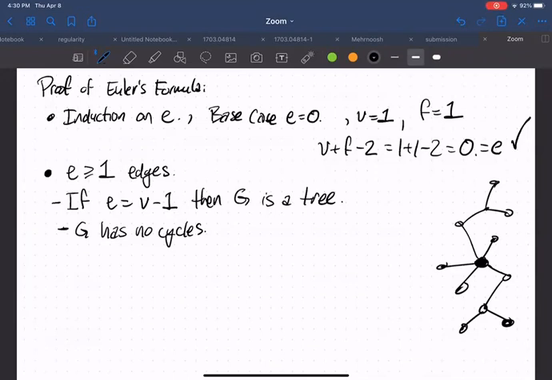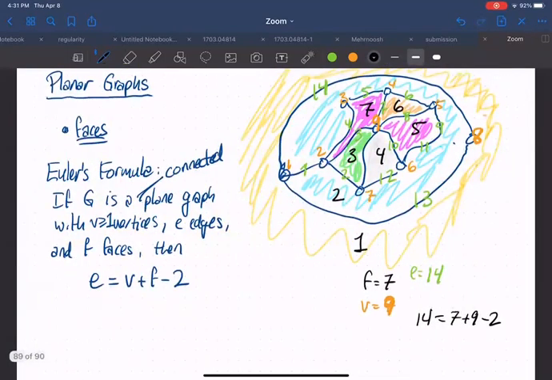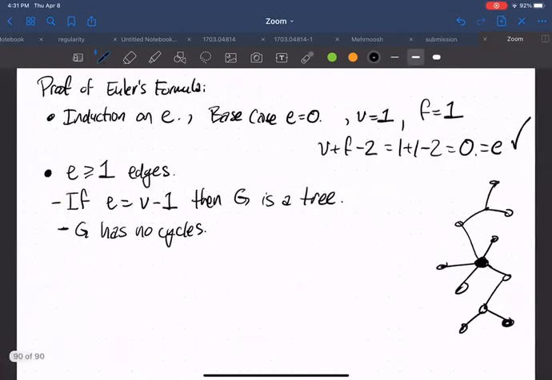So I have a graph drawn in the plane, there's no crossing edges, and the graph has no cycles. Well, if we look at what makes faces in a drawing of a planar graph, if we don't have any cycles, we only get one face. We only get the outer face. So if G has no cycles, that means that the number of faces is 1.